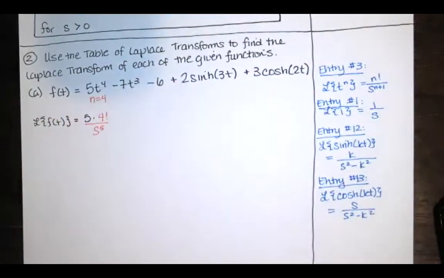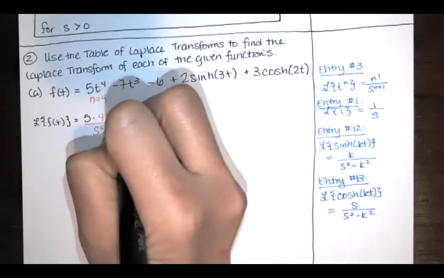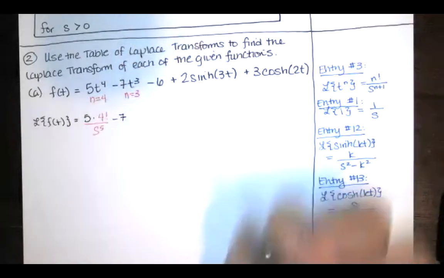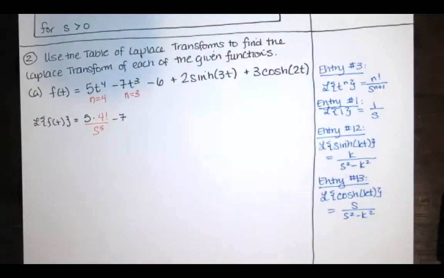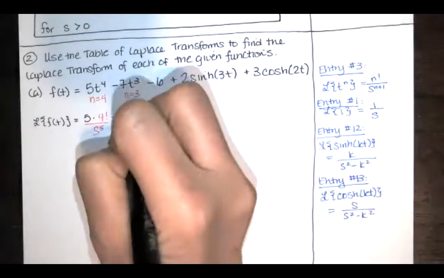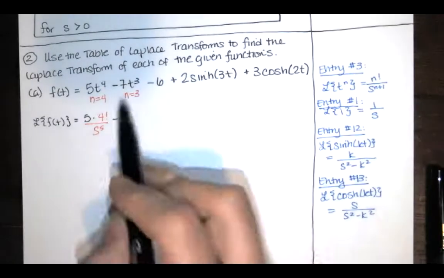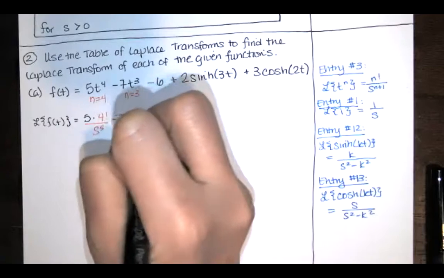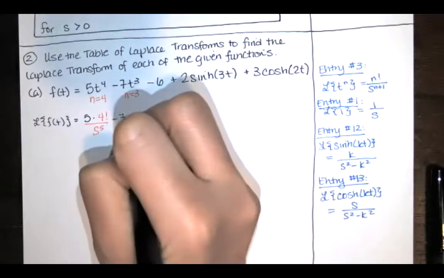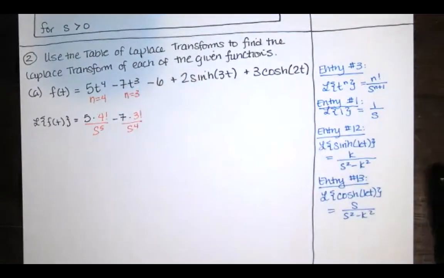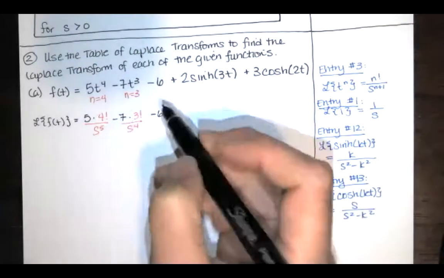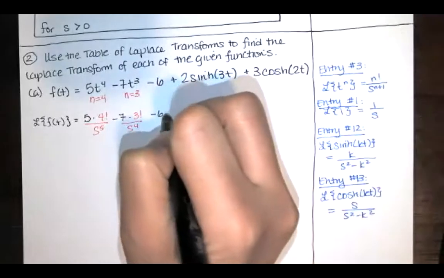or s to the 5th. Here we'll bring the -7 down, and we'll use the same rule, but this time our exponent is 3. So we take the Laplace transform of t to the 3rd. Since n is 3, we'll have 3 factorial over s to the 3 plus 1, or s to the 4th. Then we bring the -6 down, and we multiply by the Laplace transform of 1, which is just 1 over s.